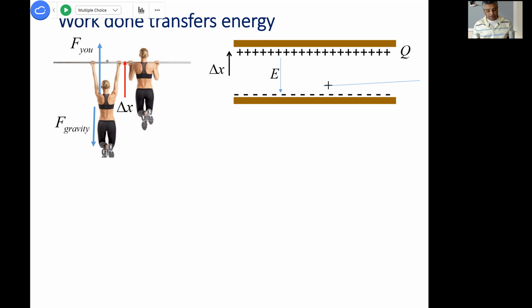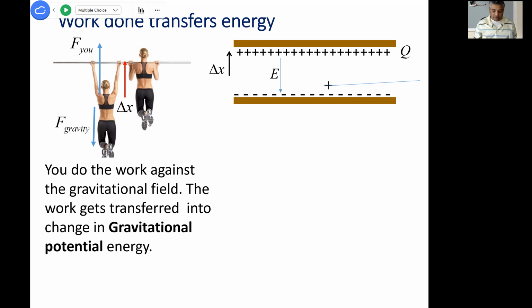So that means you are doing positive work, gravitational force is acting down, and the displacement is up. So the angle between these two is 180 degrees, means negative work. So gravitational force is doing negative work, okay?